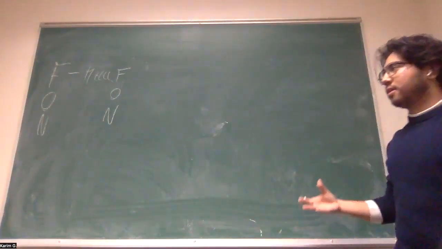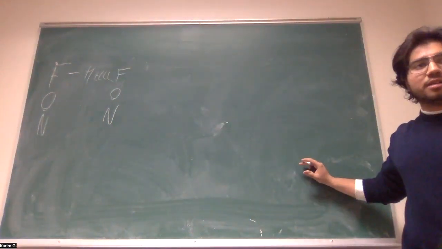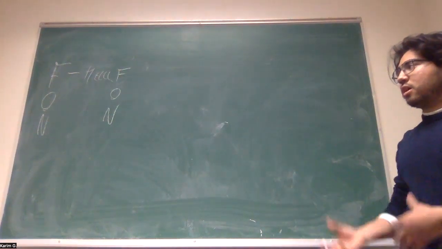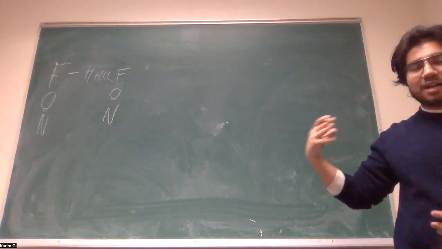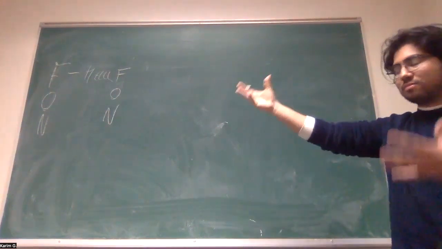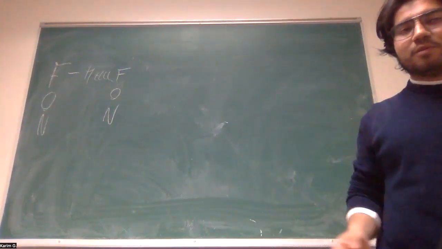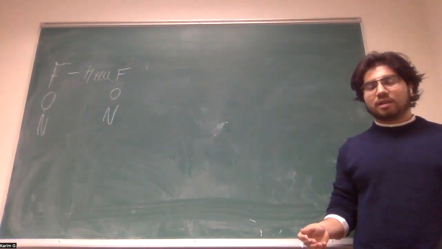We need an H covalently bonded to either fluorine, oxygen, or nitrogen, and then a fluorine, oxygen, or nitrogen can hydrogen bond to one of those. So then which one did you guys pick?